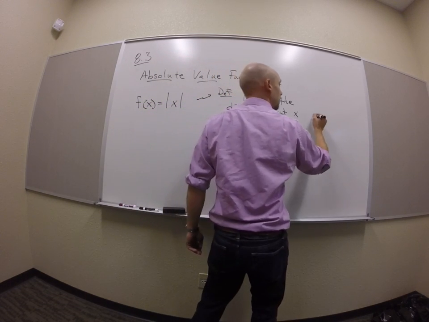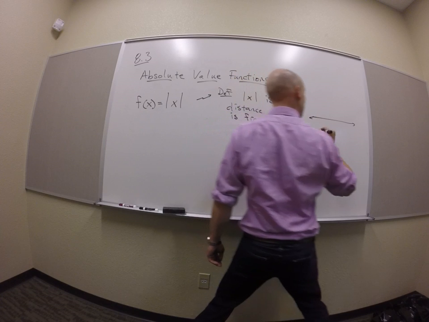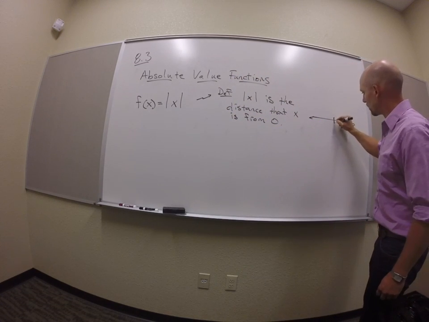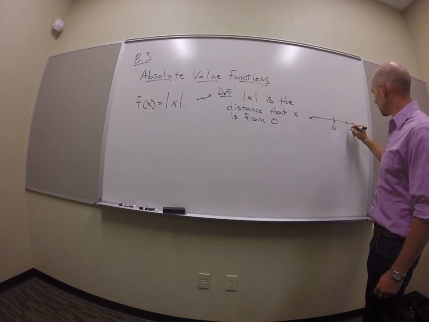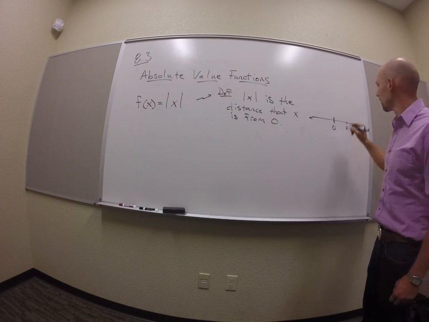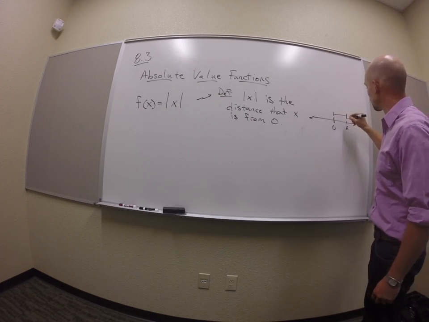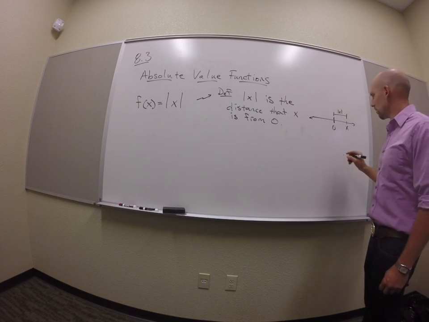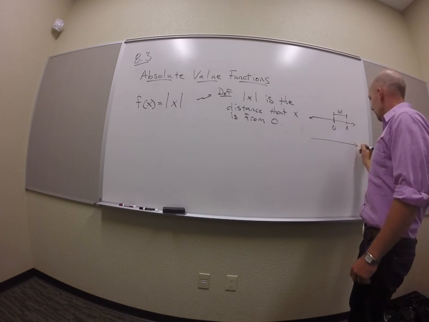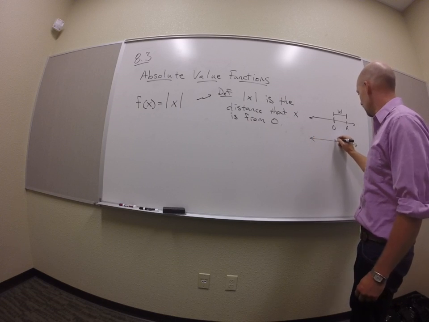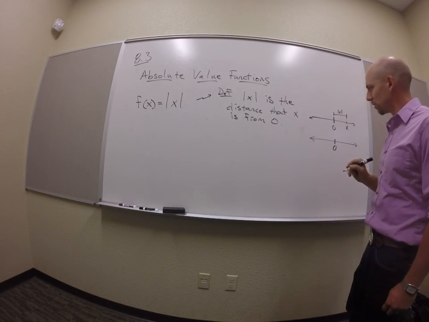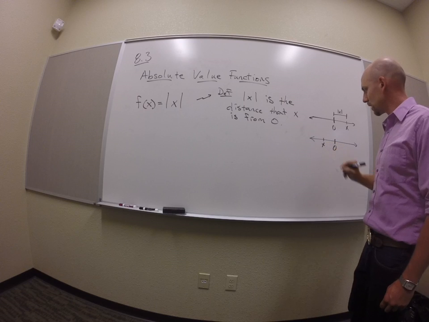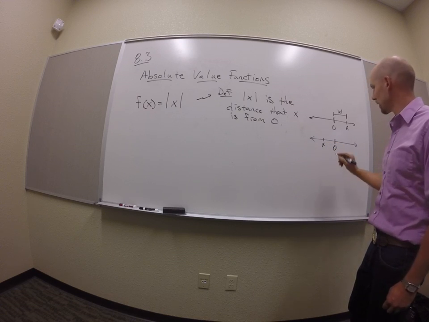So that looks like this. Here's a number line. Here's 0 on this. Maybe here's our x that we're interested in. The absolute value is this distance. Okay? That works similarly if we have a case like this. Here's a number line, and maybe in this case x is a negative number, one that's less than 0.